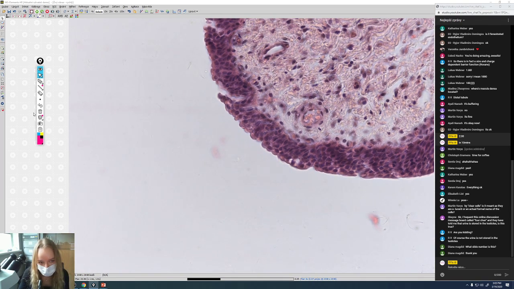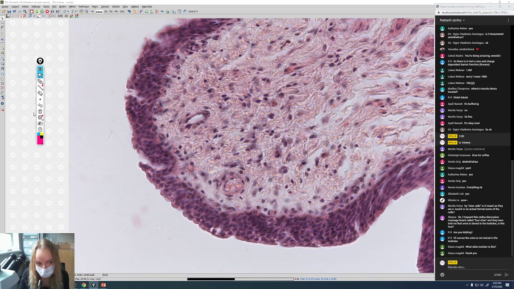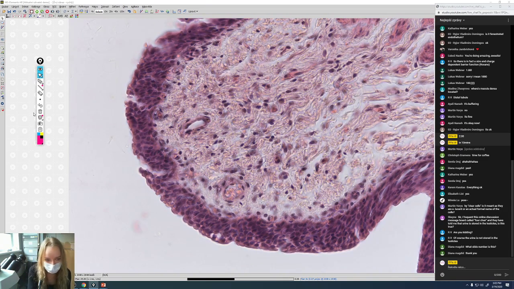Right under the epithelium there is the loose connective tissue of the lamina propria, and you can see some vessels there. And of course some cells, fibroblasts, and some inflammatory cells probably just hanging around and watching, and collagen fibers, of course.